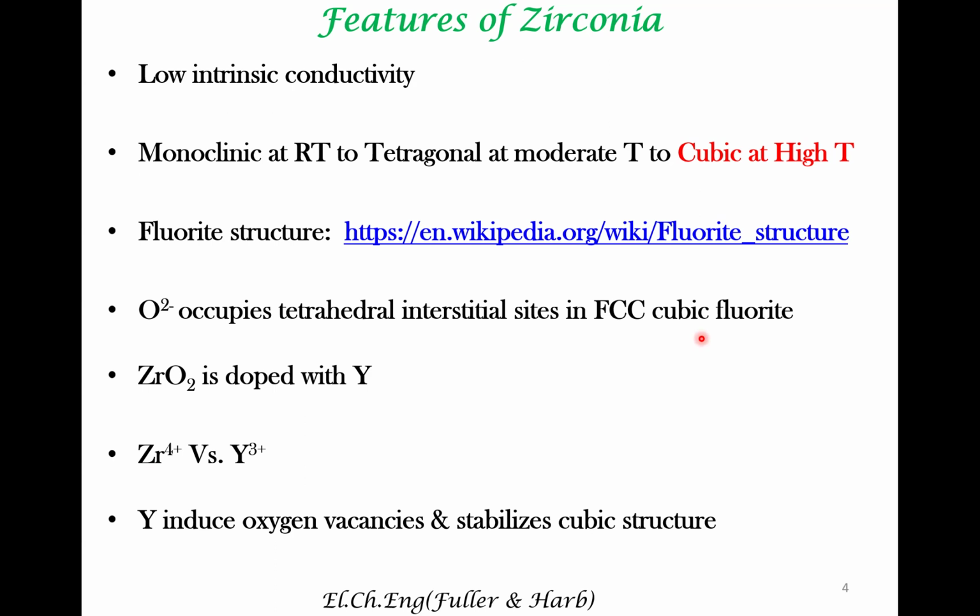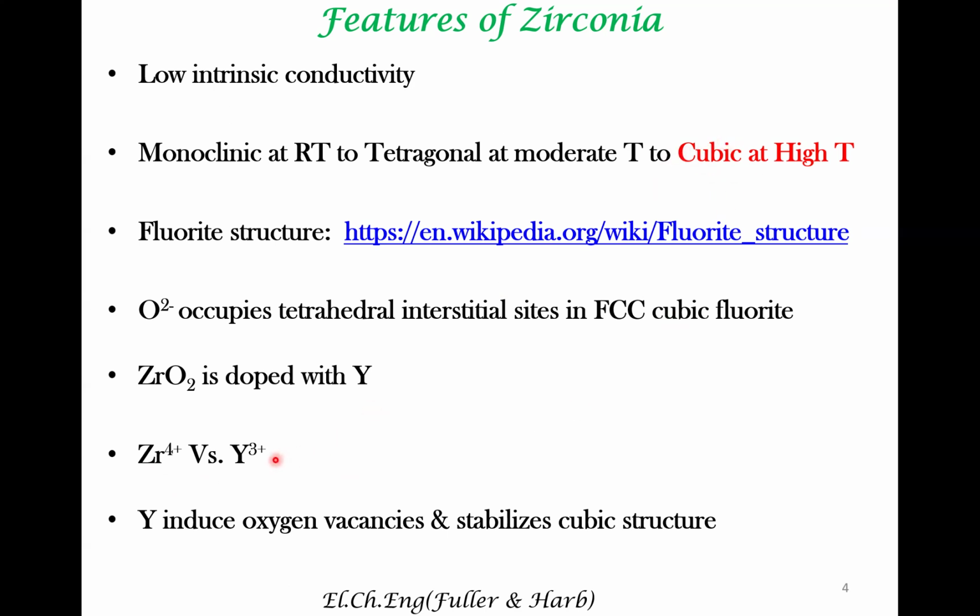When such a phenomenon is possible, the advantage is that it is possible to form a cubic structure at relatively lesser temperature than what would have been possible with pure zirconia. That's what we mean by yttria stabilizes zirconia in the cubic structure.